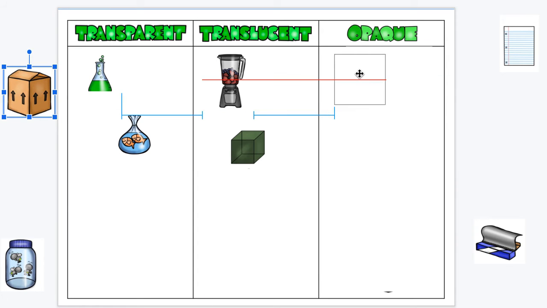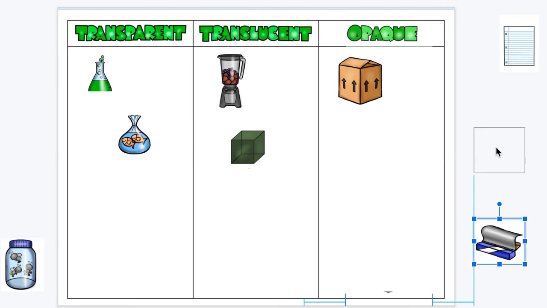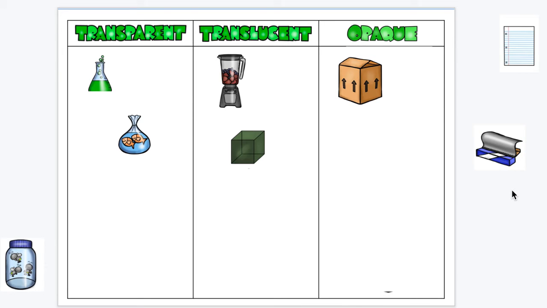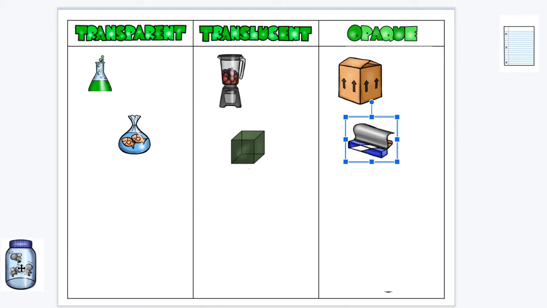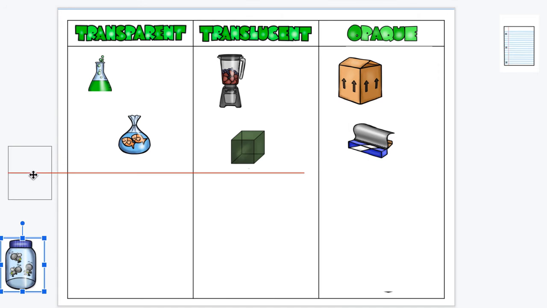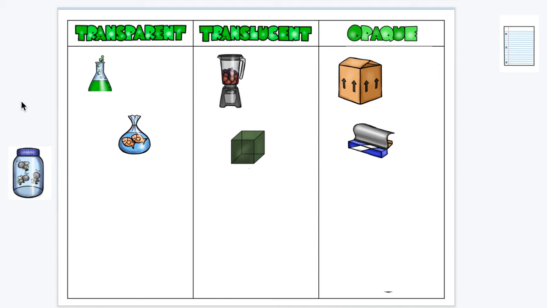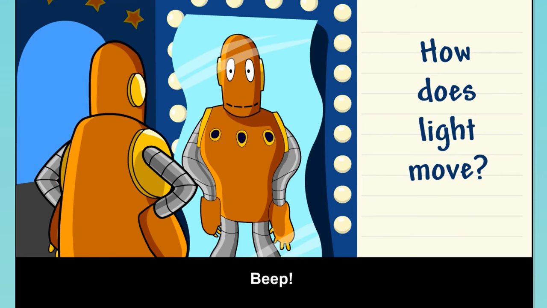The box goes in opaque. Alright, and then our tinfoil, where would our tinfoil go? It would go in opaque. And then our jar that's clear with fireflies, where would that go? That is transparent.